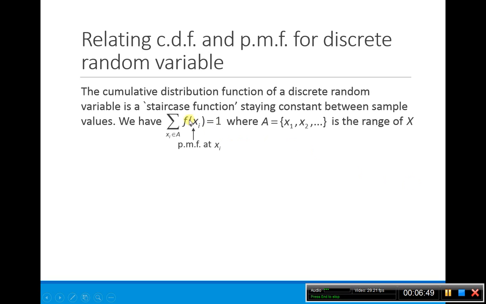So for x sub i in A, in our range, our f of x sub i, our probability mass function, has to sum up to 1. Basically, if I sum all those probabilities up, it should be 1, because I will take on a value somewhere in my range A. This is just our probability mass function at x sub i.